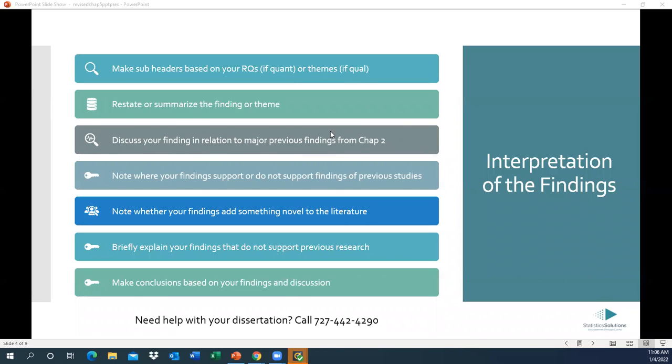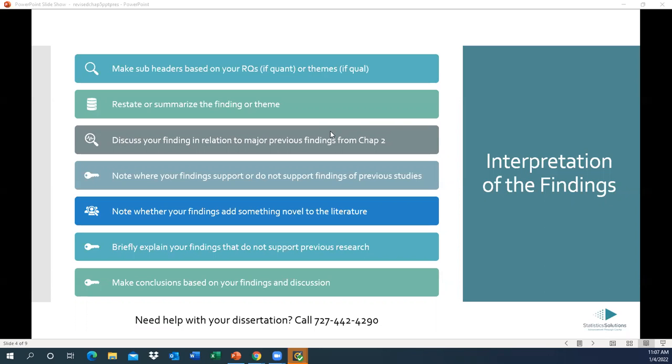The idea is to restate research question 1, for example, or theme 1. Describe and summarize your findings. This is not a statistics heavy chapter, right? The statistics were back in chapter 4, the results chapter.